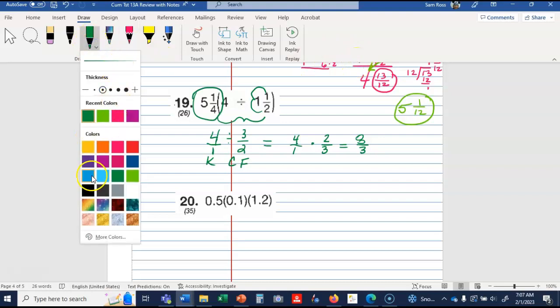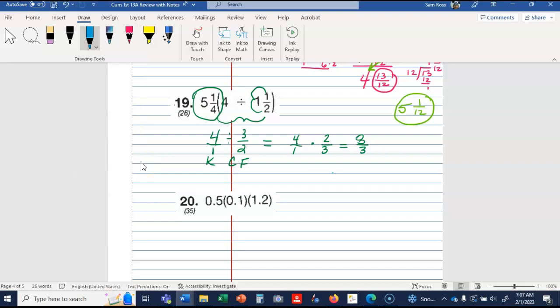Okay, let me pick a different color. Ooh, blue. Okay, so now I have 5 and 1/4 times 8/3, right? Because this is this. So I need to popcorn this. So I have 5 times 4 is 20, plus 1 is 21 over 4, times 8 over 3.